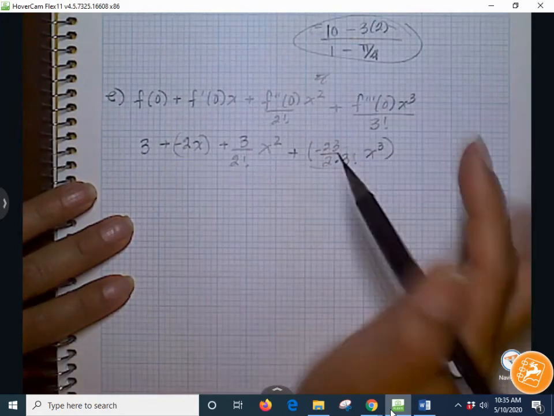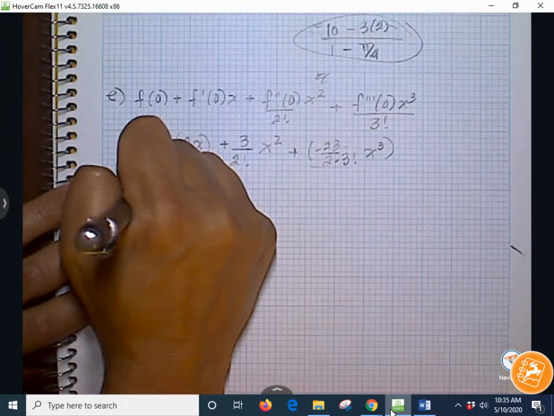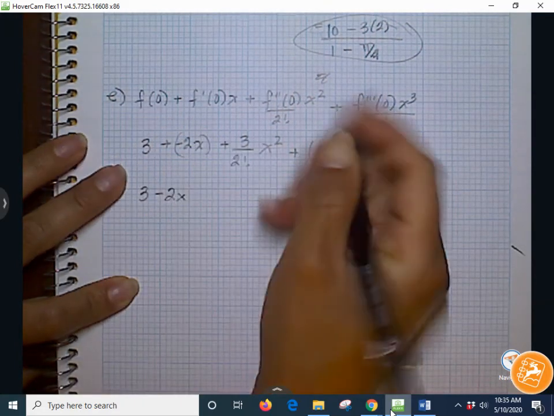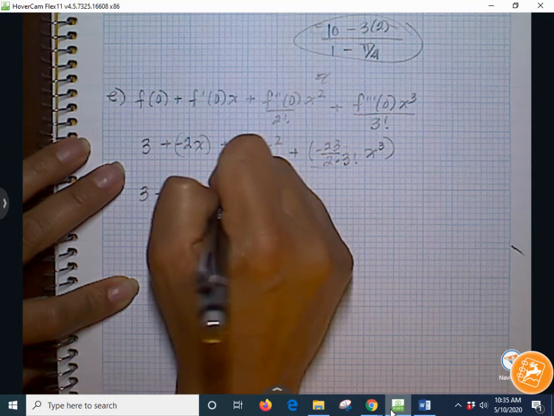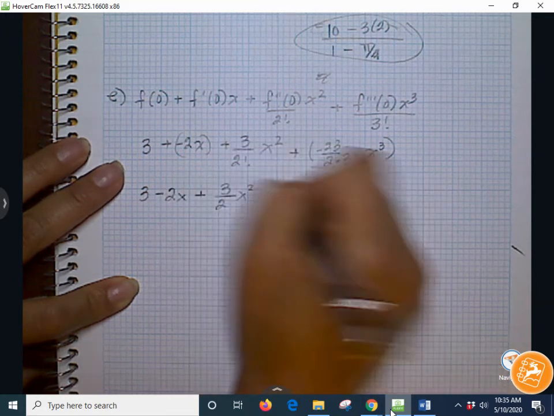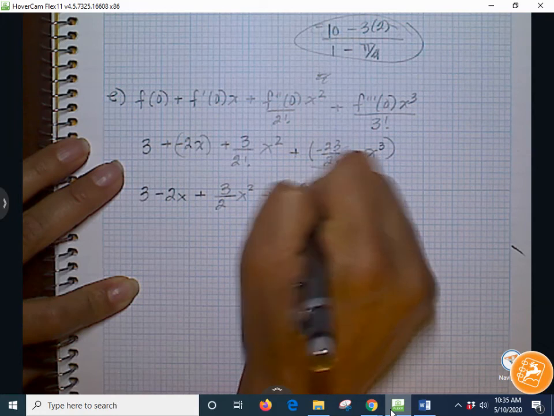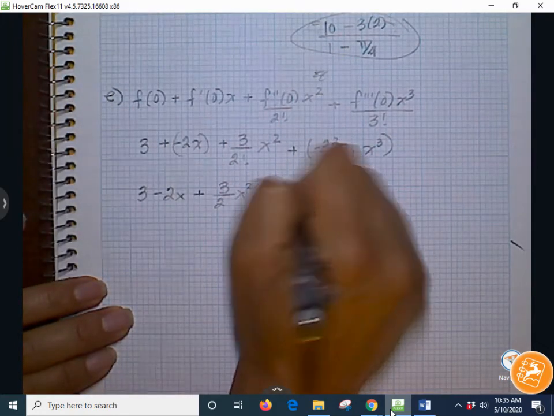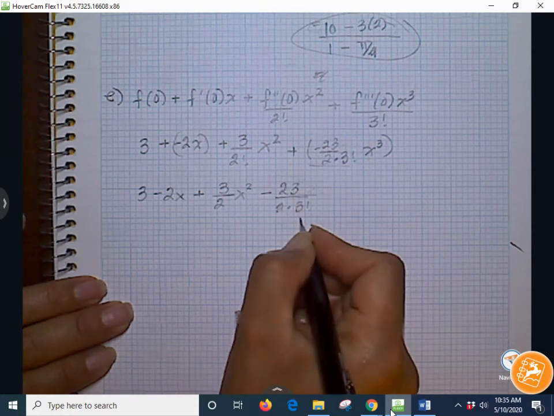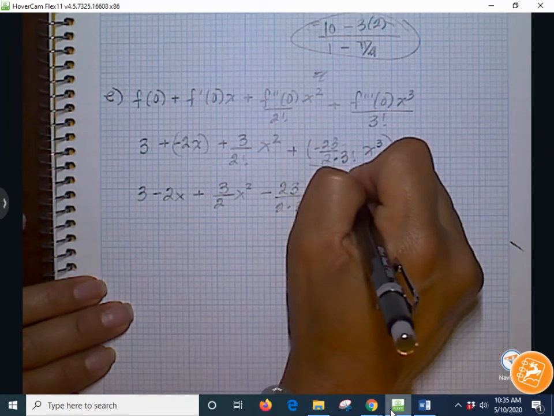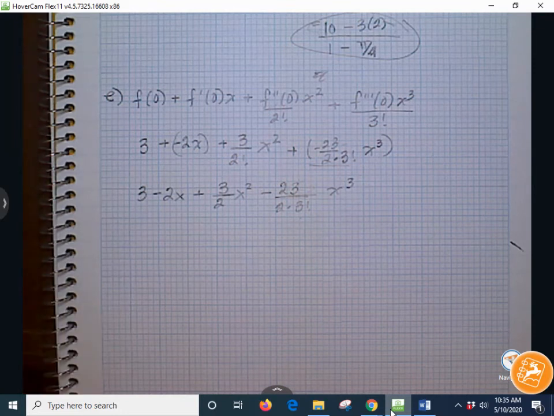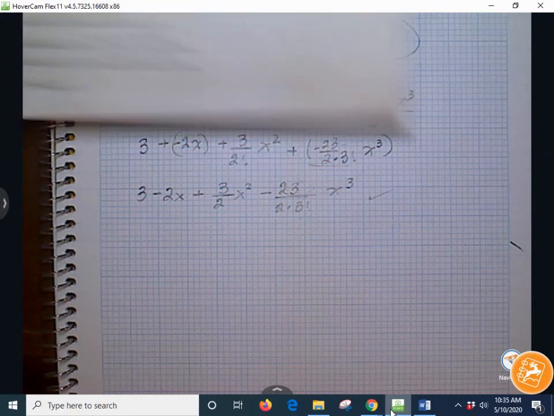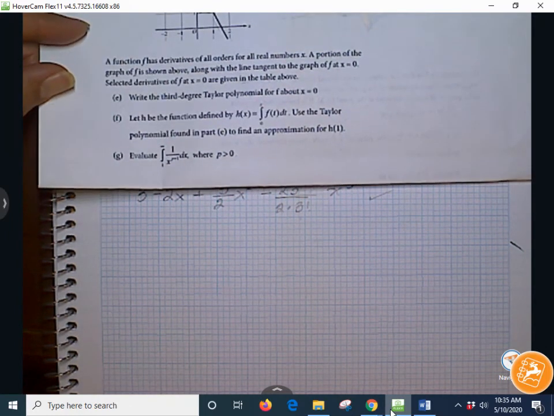You don't have to simplify further, but I just feel like doing that in this situation. I just feel like I might have to use this later on. Okay, this is minus 23 divided by 2 times 3 factorial. I'm going to leave that like that. Okay. All right. And there I have it. That is the third degree Taylor polynomial about x equal to 0.